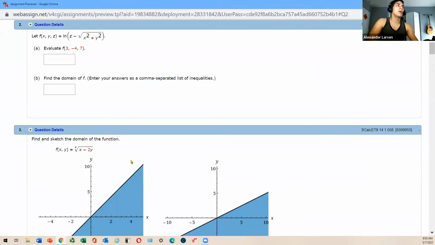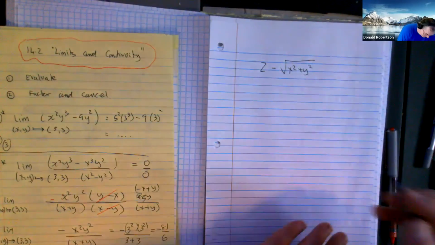I'm stuck on part B. Find the domain of f. Okay, so the function that you are dealing with is the square root of z take away x squared plus y squared, right? Yes. So I'm looking for usable values of x, y, and z essentially.